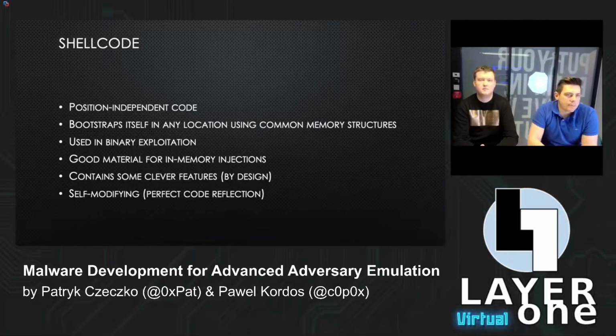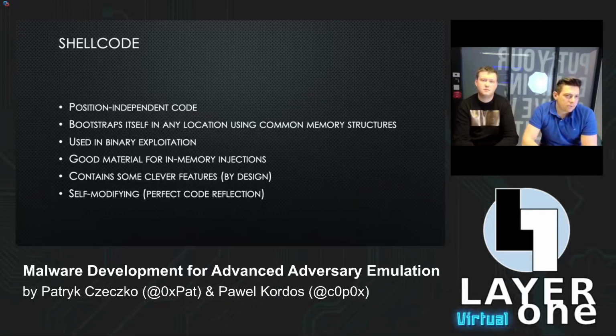It's a piece of position independent code, so it can be executed anywhere in memory, and it has some clever features to bootstrap itself in every memory location. It uses common structures like the process environment block to locate needed functions, load libraries and execute stuff later.